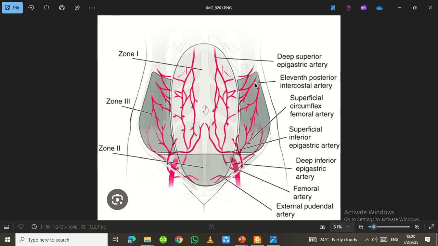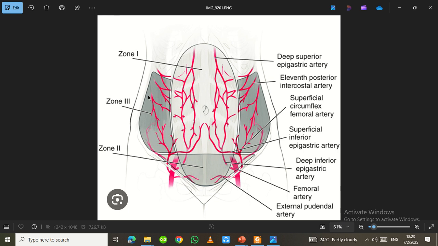Let's take a look here. This schematic diagram shows us these three zones. Zone number 1 is right in your anterior abdominal wall. Zone number 2 is your pubic region.